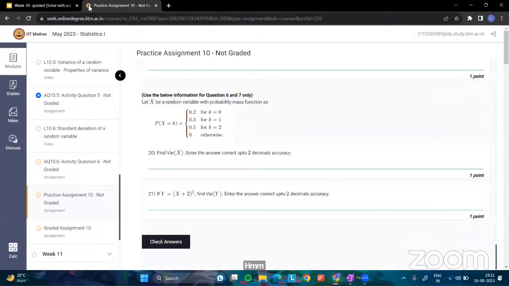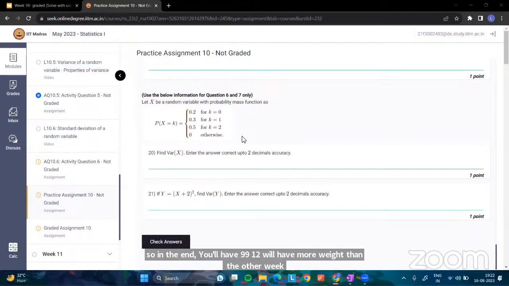Sagar, you can ask a question. Yes, ma'am, I have a question related to the weightage of weeks 9 to 12. In the end term, weeks 9 to 12 will have more weightage than the other weeks. Is it a percentage criterion, something like weeks 1 to 4, 40%, or can you tell?